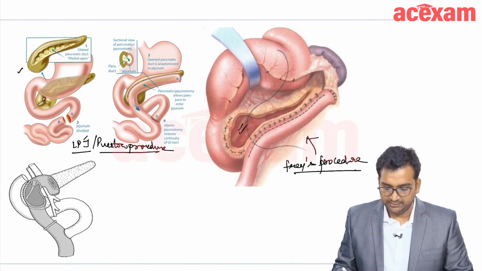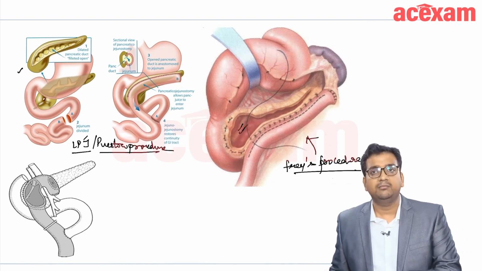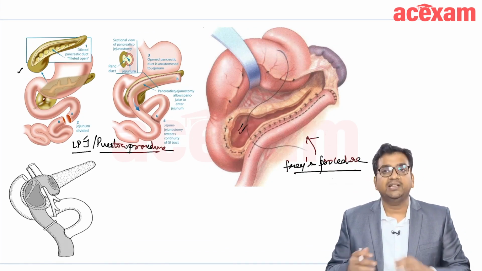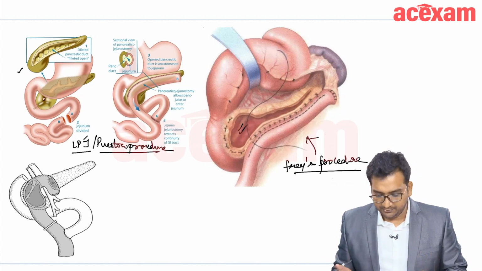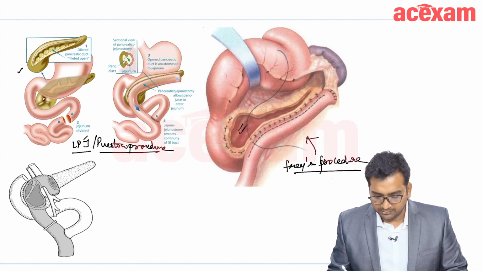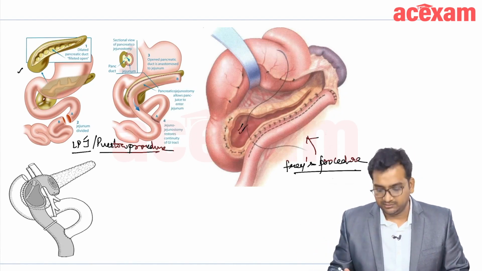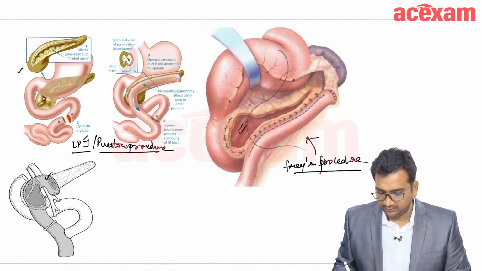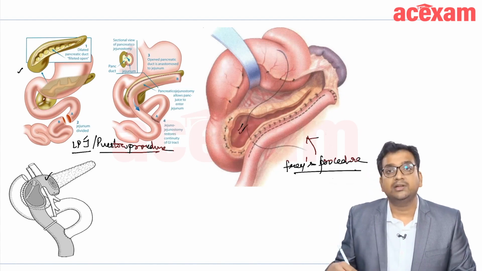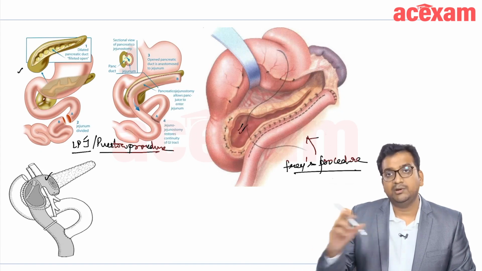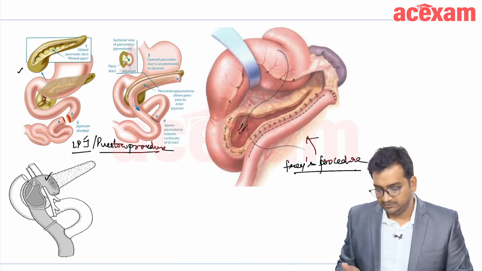And this third one: the duodenum is here, but the head of the pancreas has been removed. So we'll have to anastomose the jejunum to the remnant of the pancreas here. This is the root limb of the jejunum to the remnant of the pancreas. The whole of the pancreatic head has been resected.